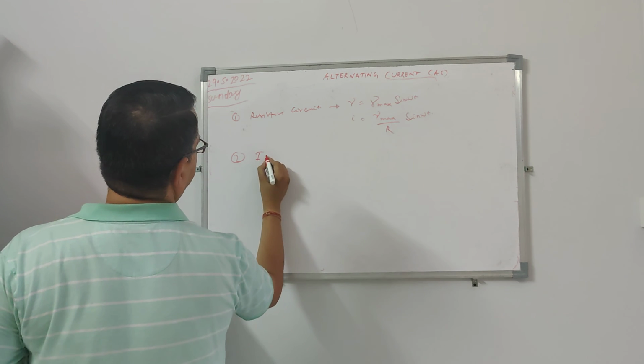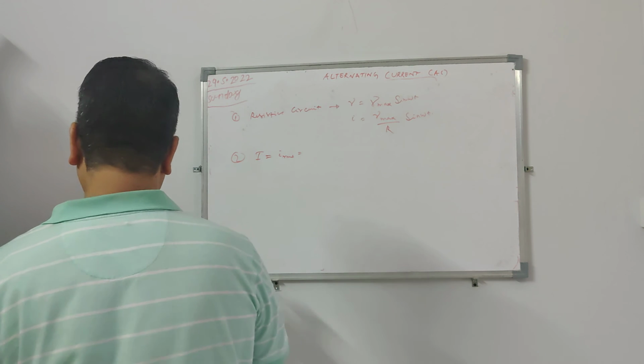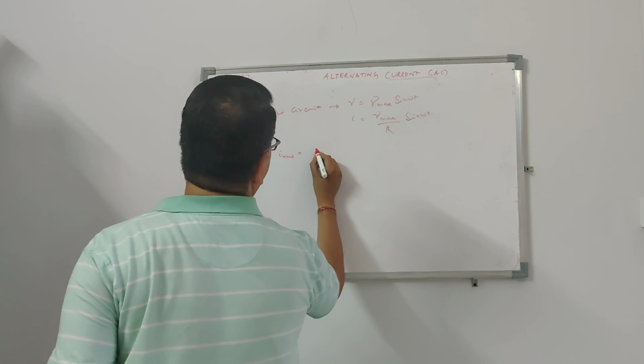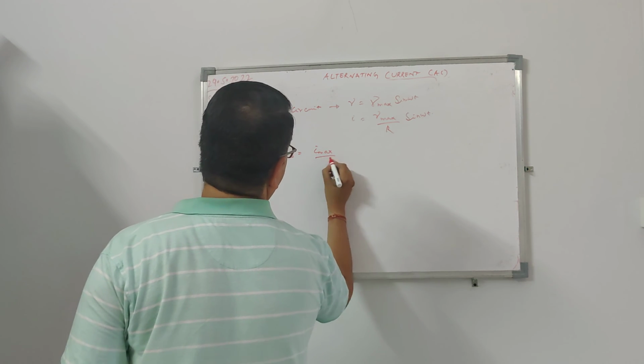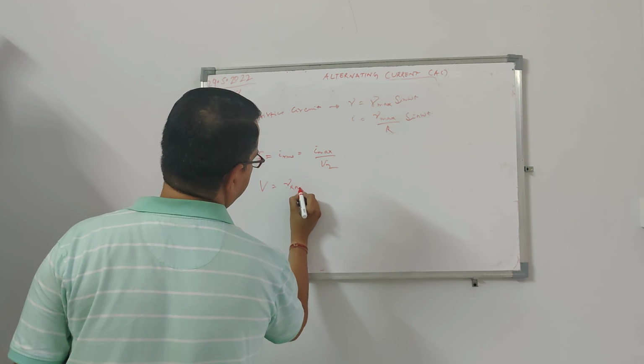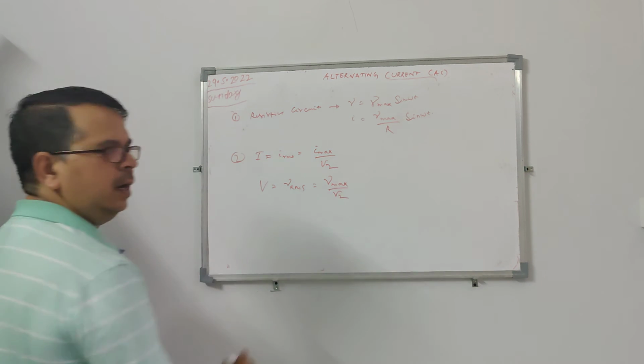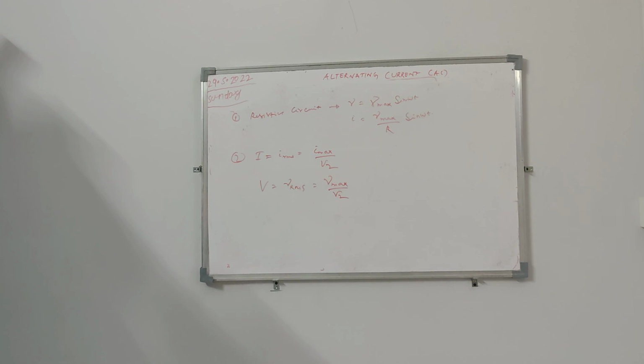The second point is that capital I, which is I RMS, the RMS value, is equal to I max by root 2. Just remember this. Similarly, capital V, V RMS, is equal to V max by root 2. This is another takeaway.